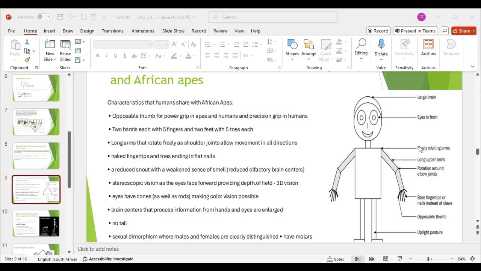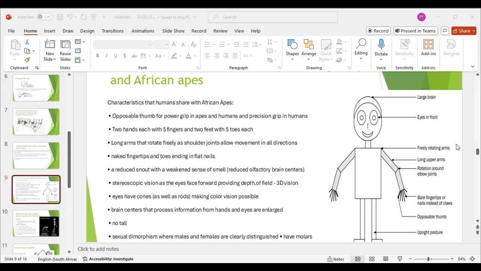The second says that we have two hands each with 5 fingers and 2 feet with 5 toes. So humans and apes have 5 fingers on 2 hands and also have 2 feet that have 5 toes.